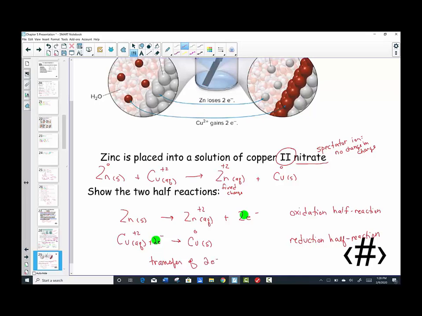Since zinc is being oxidized, it's called the reducing agent. Since copper is being reduced, it is called the oxidizing agent. There is a transfer of 2 electrons between the element zinc and the aqueous ion of copper through this chemical change.